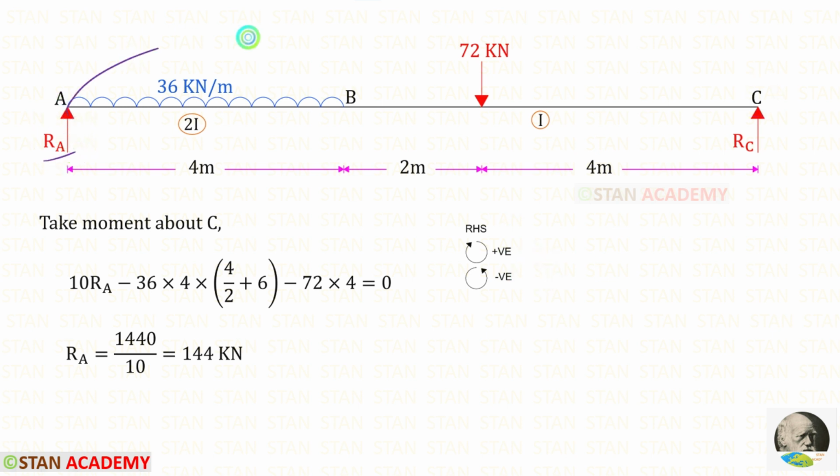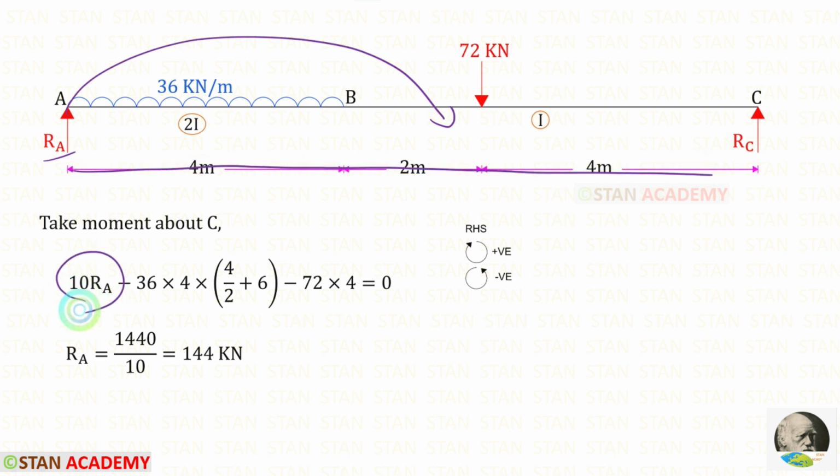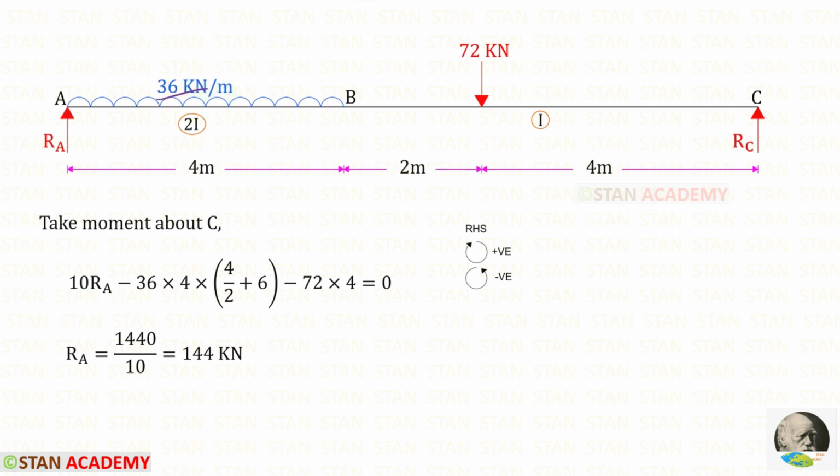RA is acting in the clockwise direction, so it will be positive and the distance is 10. So 10 RA. The uniformly distributed load is acting in the anti-clockwise direction, so it will be negative and the distance is 4. Then we have to open a bracket. The distance 4 upon 2.